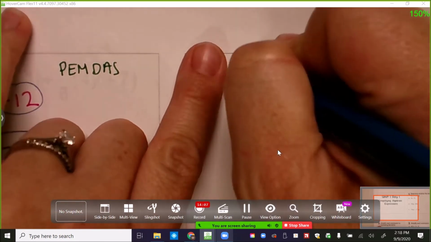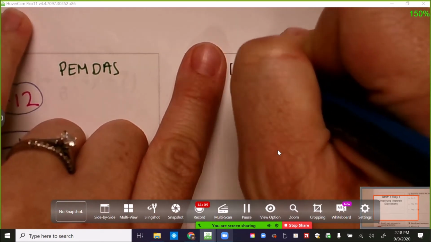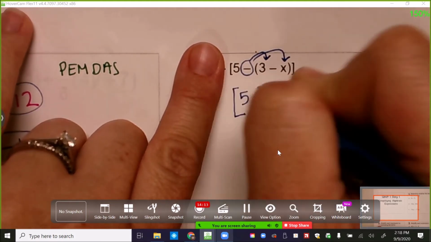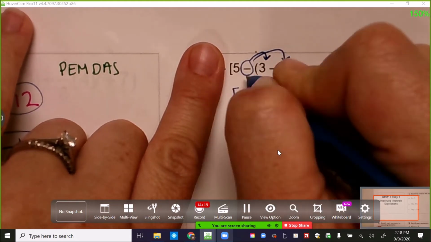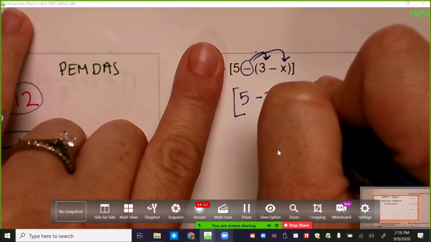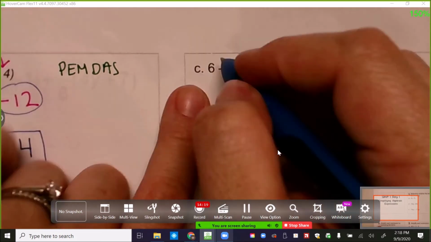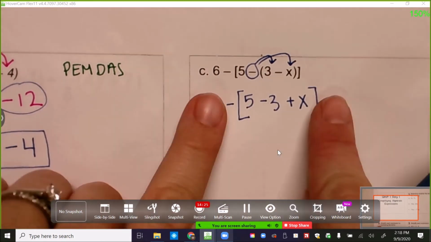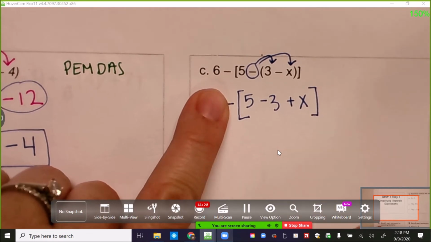Distribute the negative. So we get 5 minus 3 plus x. So the parentheses is gone. I'm going to bring down my 6 minus. Now, can we combine anything inside my brackets?